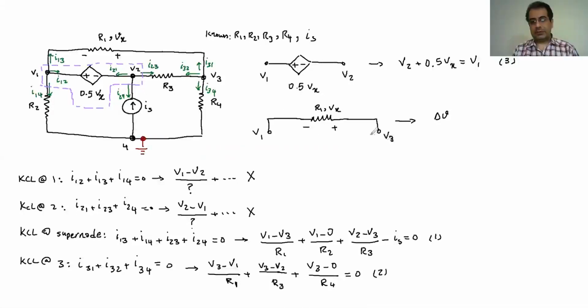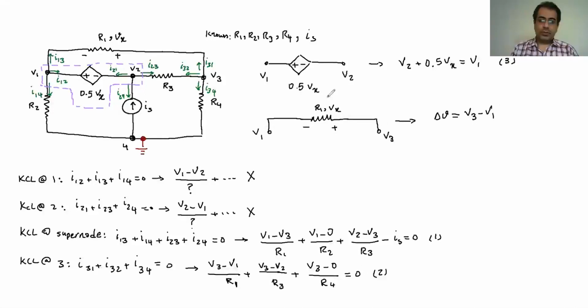Because it's positive at this end and negative at this end, I know that the current should actually go from V3 to V1. Basically, V3 should be larger than V1. So the delta V is V3 minus V1. So the voltage across the resistance is the difference of the voltage at the two ends of it.